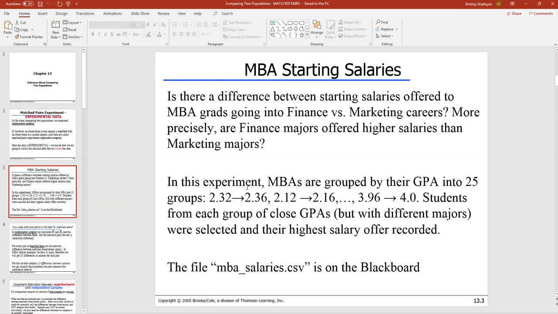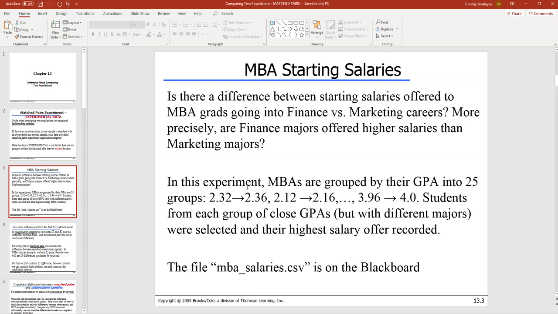Let's take a step back and discuss what can play a role in the initial offer. People graduate from an MBA program. What can play a role in how much money they're being offered? One thing can be the difference between an MBA with marketing concentration versus finance, or management, or data analytics, whatever that might be.